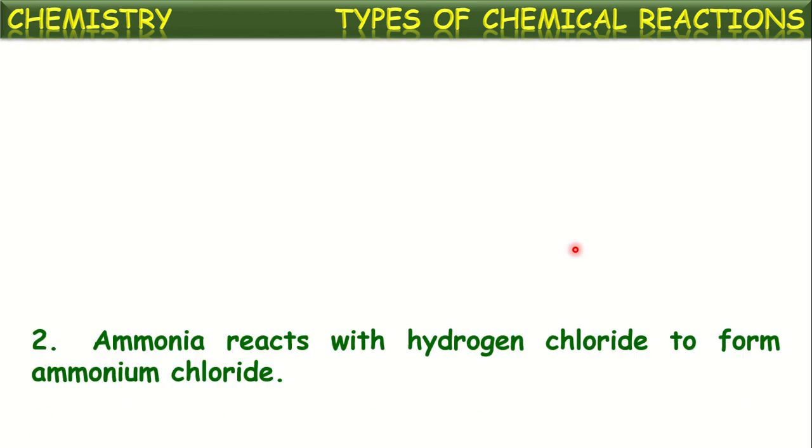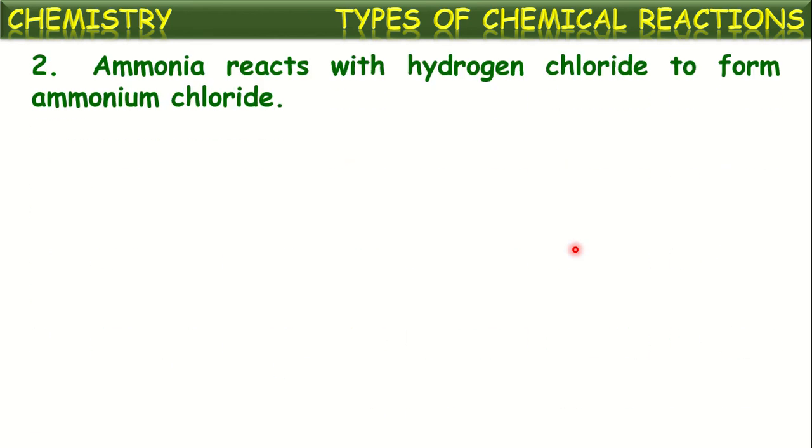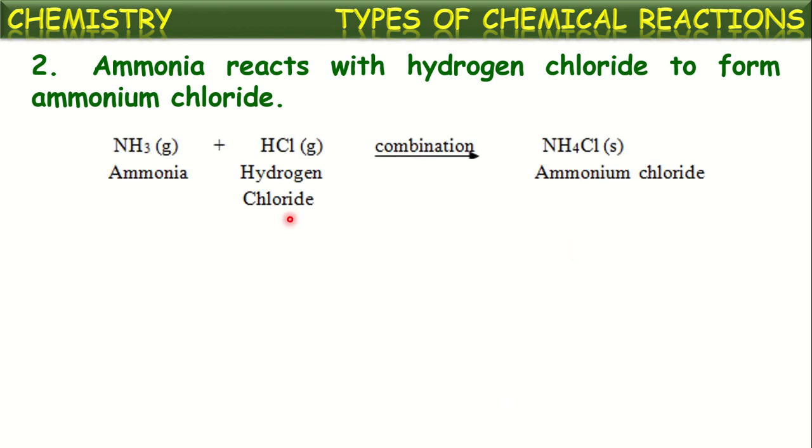Let us see one more example which describes the combination of two compounds. Ammonia reacts with hydrogen chloride to form ammonium chloride. So here two substances combine together to form a new compound.